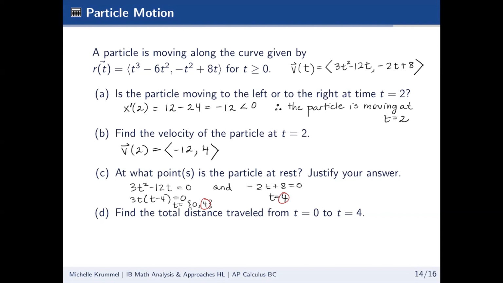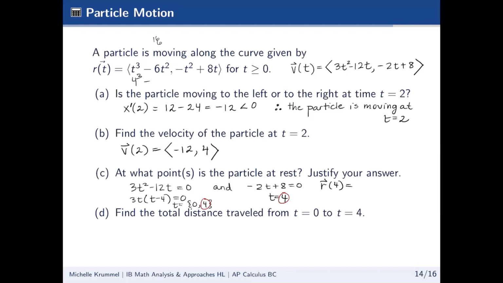Now the question says at what point is the particle at rest. So we do want to find the x component and the y component at that time t. And we need the position vector for that. So r of 4 equals, and we will sub 4 in for t into r of t. So we've got 4 cubed is 64, minus 16 times 6.